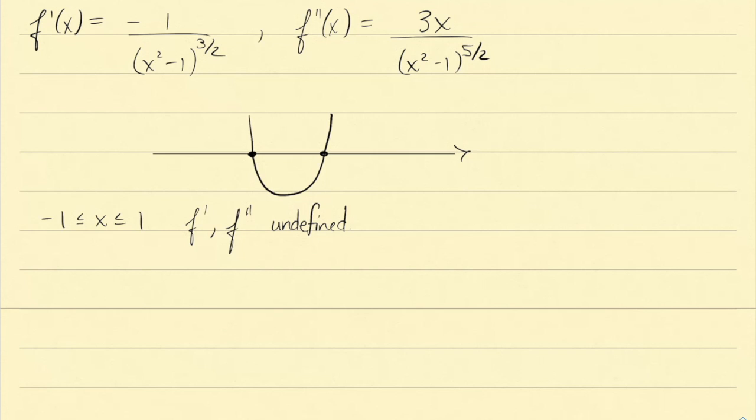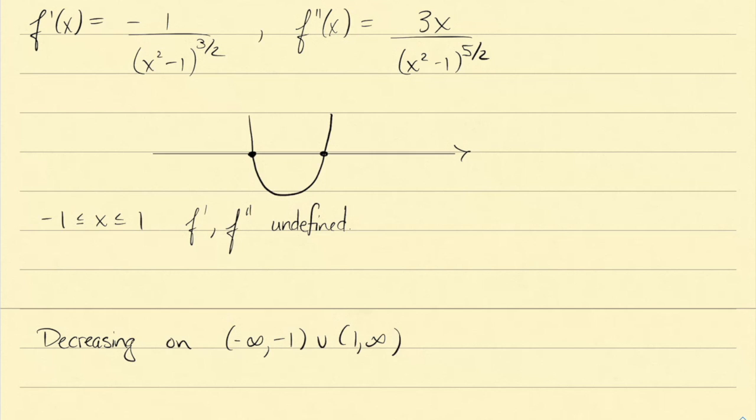That means its square root is positive and its cube is positive. Since we have a -1 in the numerator, f prime is always going to be negative. So our function is decreasing on the interval -∞ to -1, union with 1 to infinity.